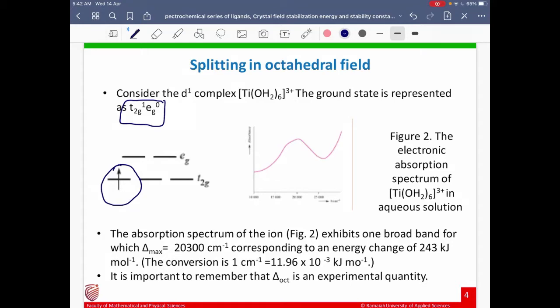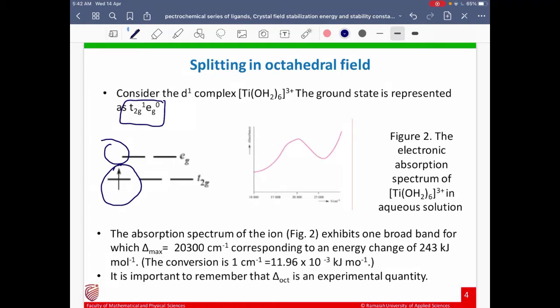When radiation is passed through the above complex, that is [Ti(OH2)6]3+, the complex absorbs a portion of the radiation to transfer one electron from t2g to eg. The amount of energy required for the transition depends on the energy gap between t2g and eg, which is delta octahedral.